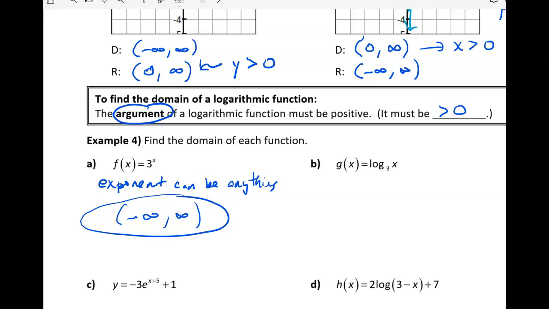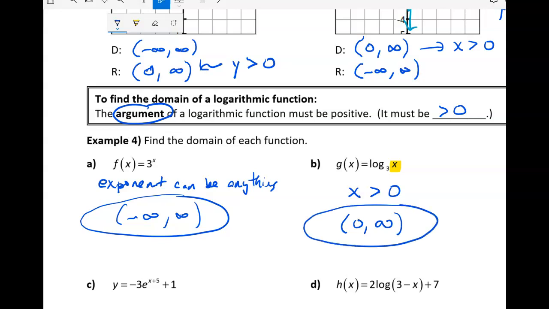In B, we have a logarithmic function. Now we have to think about the input for the logarithmic function, which is x, and what we said is that x has to be greater than 0, or x has to be positive. We're going to give the domain in interval notation, so x is greater than 0 translates to the interval from 0 to infinity, not inclusive of 0.